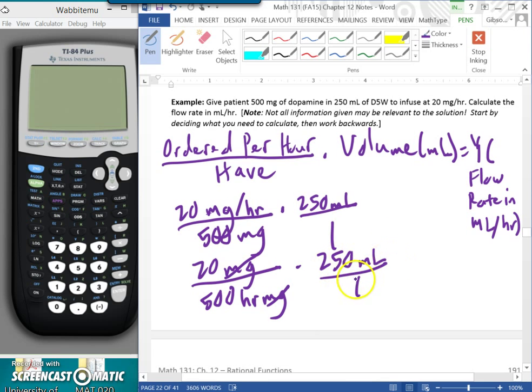So we would end up with 5,000 milliliters over 500 hours, and that would give us 10 milliliters per hour. And that will be the final answer.